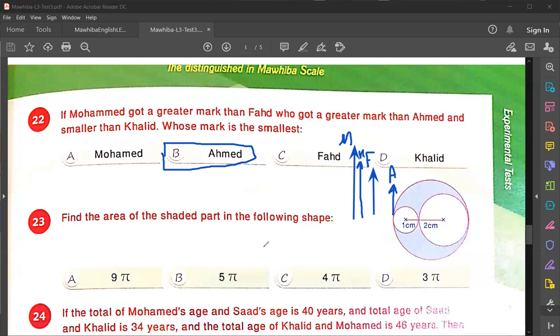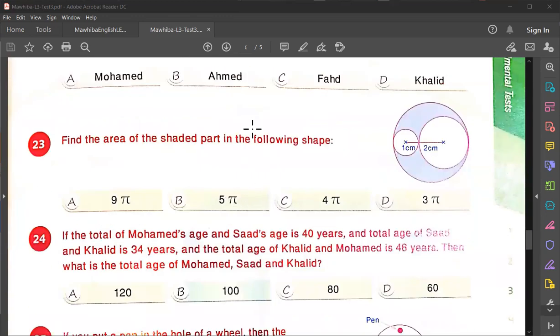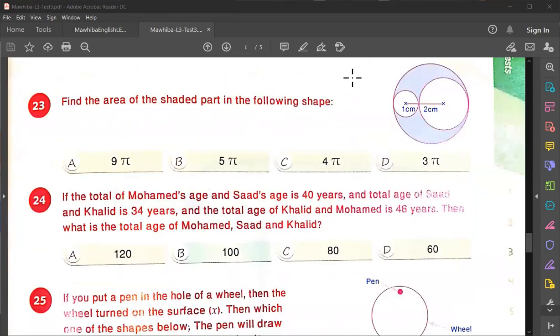Okay, now number 23. Find the area of the shaded part in the following shape. To find the area of the shaded part here, you must find the area of the small circle and the big circle.